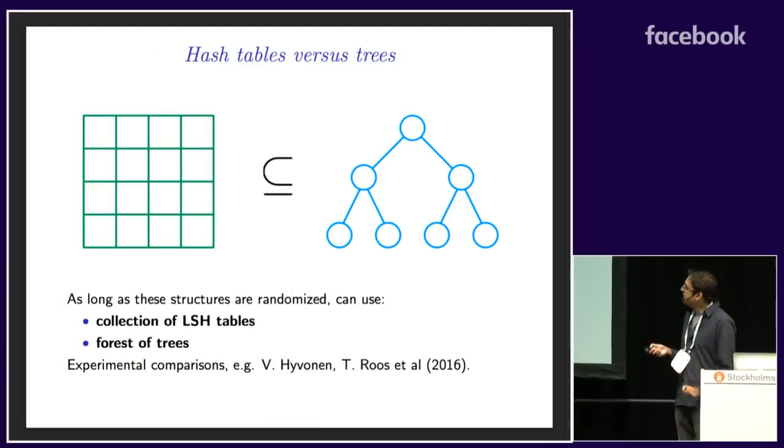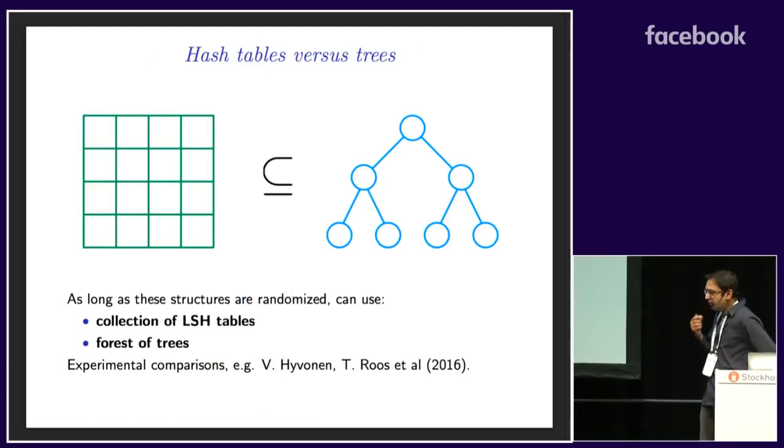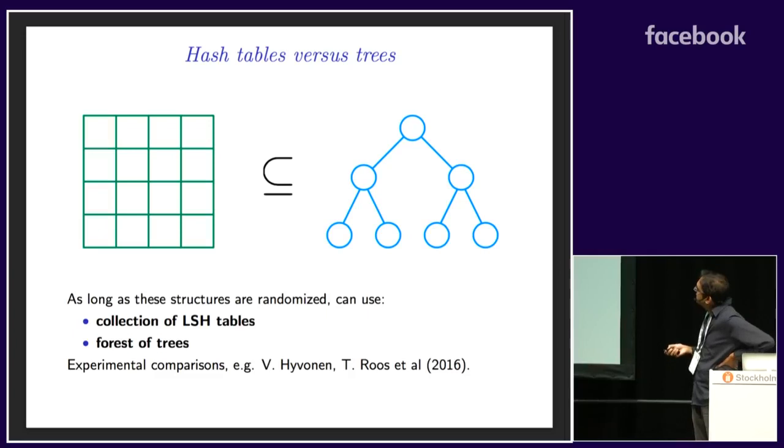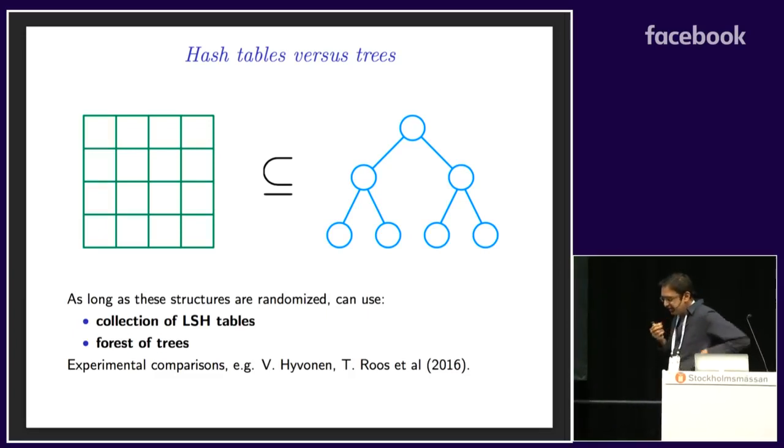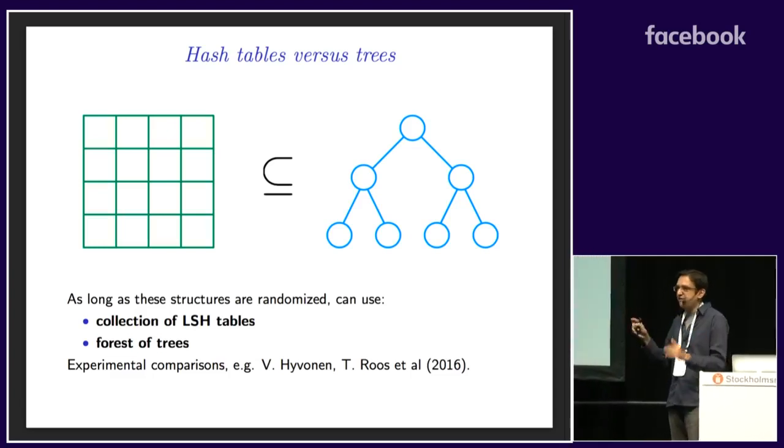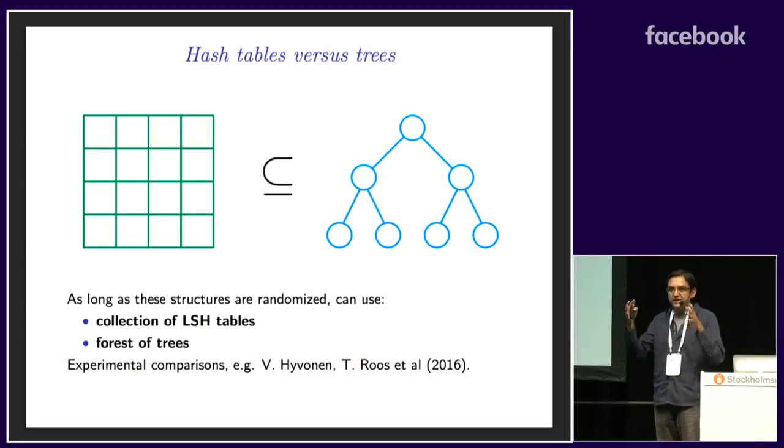So if you had to compare two different families of methods, one reasonable thing to look at would be LSH tables. So LSH is something where you build a table and then you do it 10 times, so you have 10 tables.